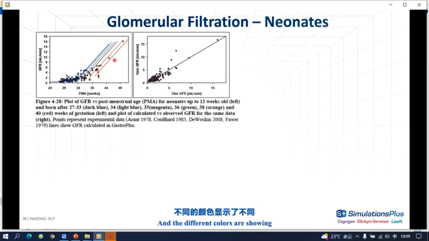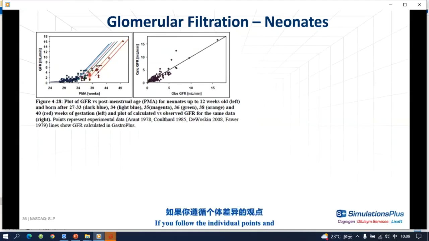And the different colors are showing neonates born at different times. If we go from right to left, the red curve is showing term-born children at 40 weeks, the orange one at 38 weeks, the green one is showing at 36 weeks, 35 weeks, and so on.